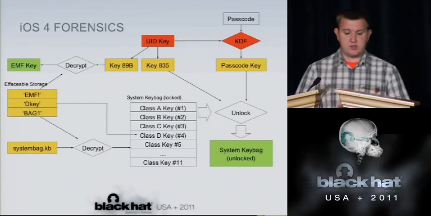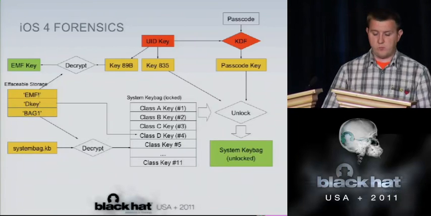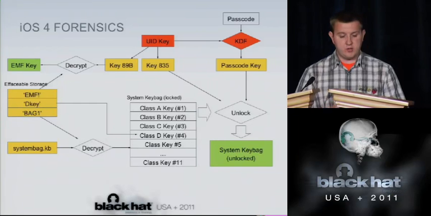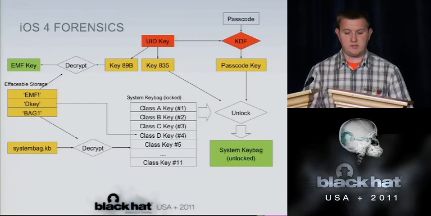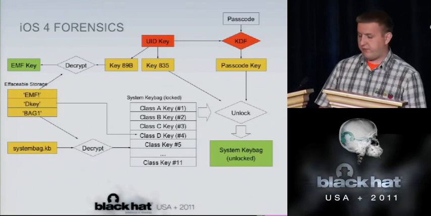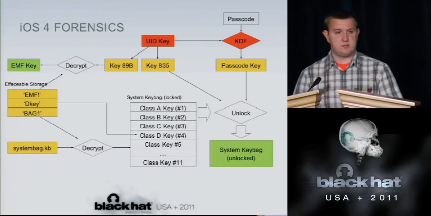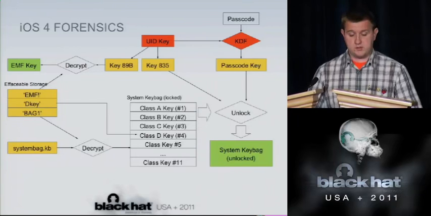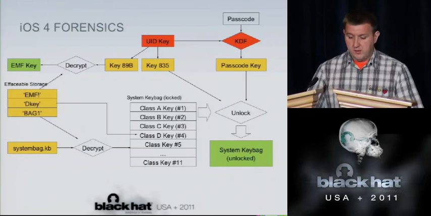You can theoretically extract only the green items, which are the unlocked keys and the whitening key. But in the real world, it might be way better to extract the source data. I mean the device keys, the passcode key, and the effaceable storage. This will give you more flexibility if something is wrong with the device or with the keys or something is damaged. So you can rerun the process of computing the keys and all these kinds of things.